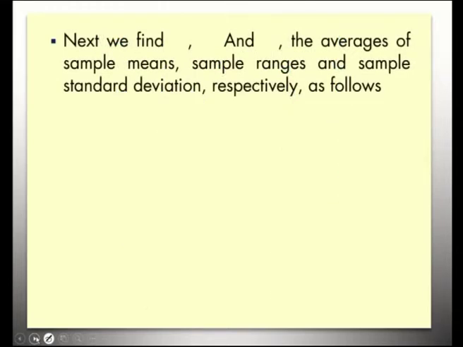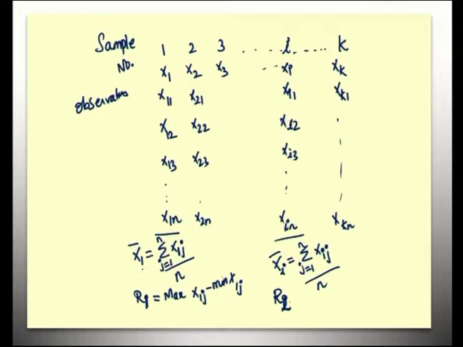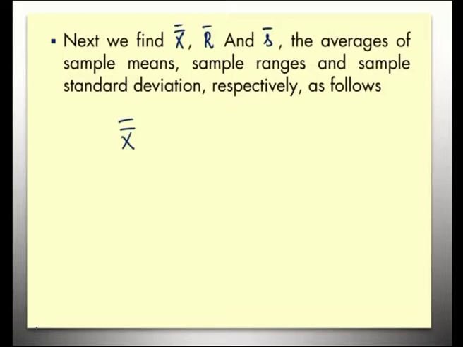Next, we find x bar bar, R bar and S bar, the averages of the sample means, sample ranges and sample standard deviations respectively, as follows. What is x bar bar? We have just calculated x1 bar, and similarly x2 bar will be calculated. The mean of these k samples will be calculated by adding all the mean values and dividing by k.